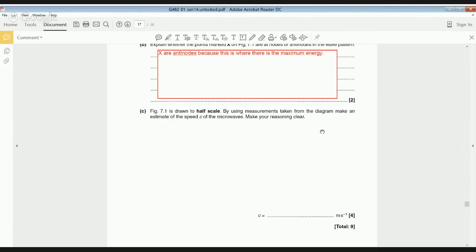So it's drawn to half scale by using measurements taken from the diagram. Make an estimate of the speed c of the microwaves. Make your reasoning clear. Well, we need to measure the distance from antinode to antinode.